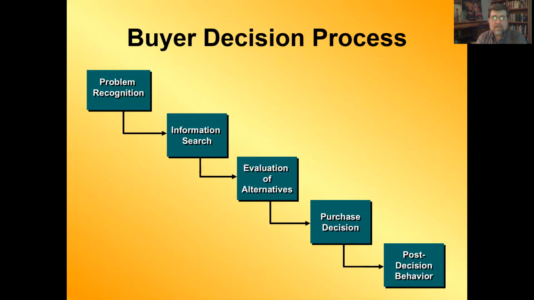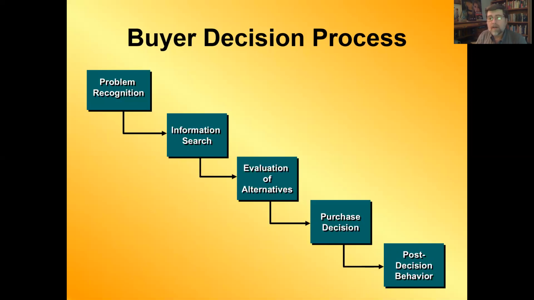As we look at this decision process, we see that there are opportunities to interact with consumers and customers. Information search: we must be able to provide information for customers to be in the results of a search, whether it's online or offline.